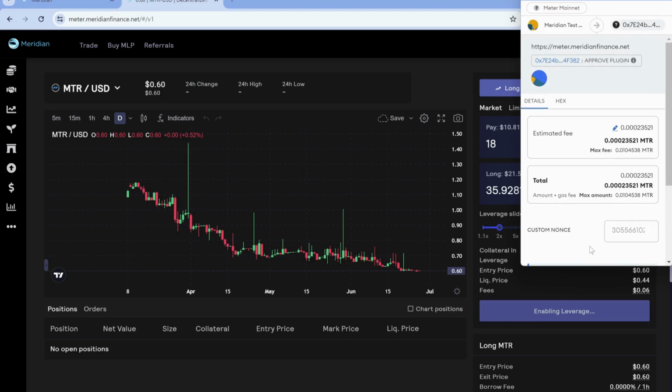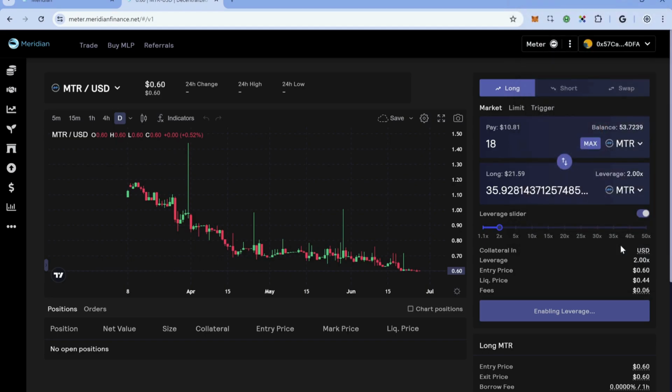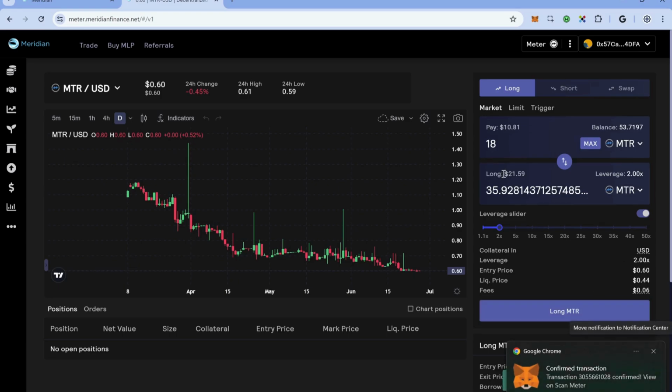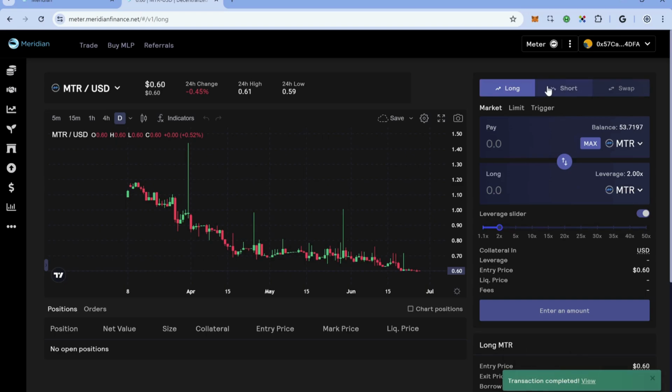So once you enable the leverage, your wallet should ask you for confirmation. You'll just go ahead and confirm that, and bam, my leverage is enabled. All right. Now I could either short or long meter.